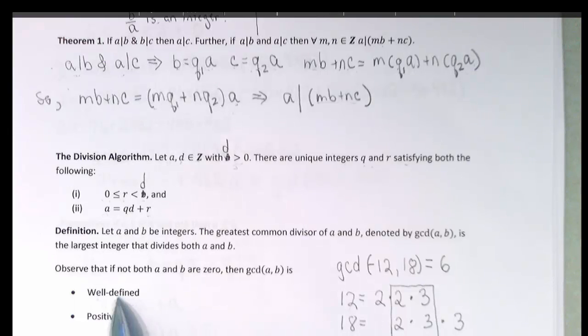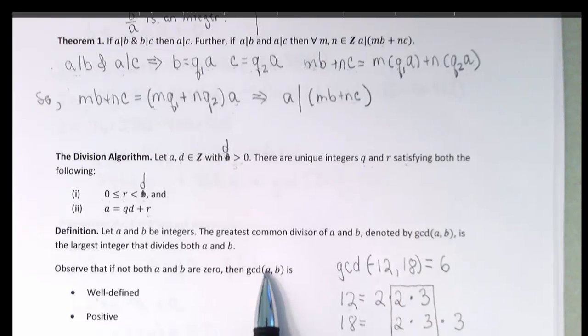For instance, if we had the greatest common divisor of minus 12 and 18, well, the common divisors of 12 and 18 are 1, 2, 3, and 6, and of course all of their negatives: minus 1, minus 2, minus 3, and minus 6. Notice there is a largest common divisor.